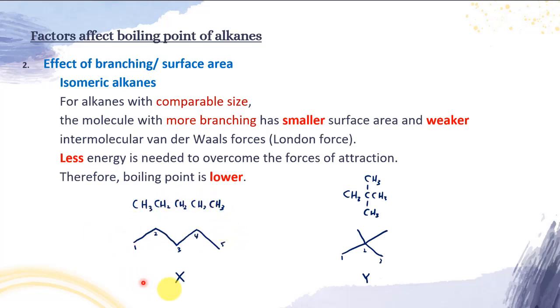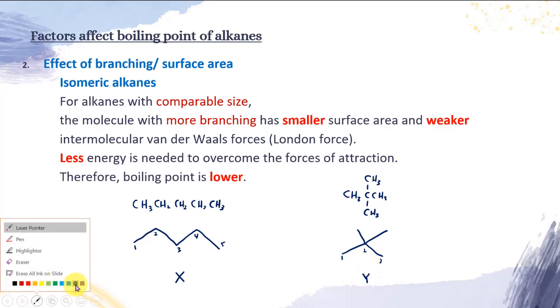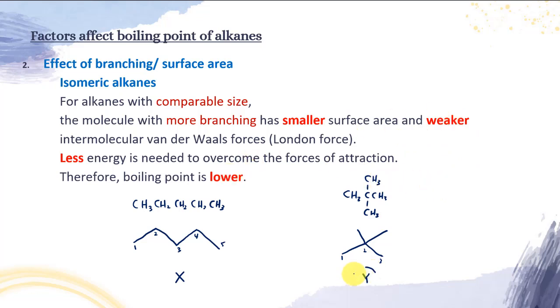Giving you examples, we have structure X, which has a 5 carbon straight chain, and Y also has 5 carbon. Both structures have the same molecular size, so they are called isomeric alkanes. You can see Y has more branching, so it has a smaller surface area, weaker intermolecular forces and therefore a lower boiling point.